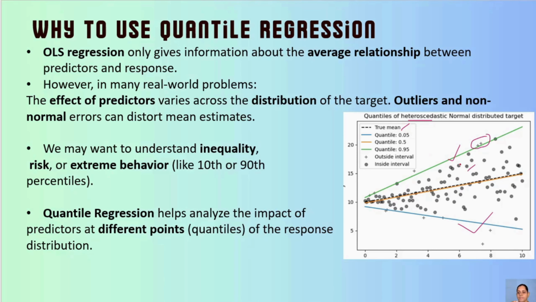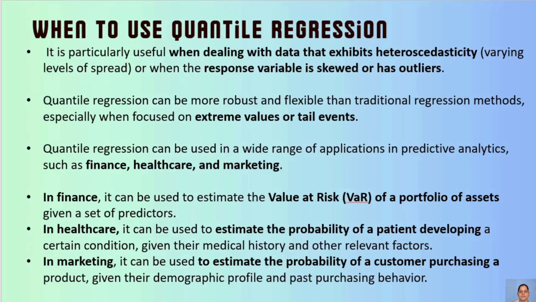You can see there are so many plus symbols present outside of these boundaries. So we are able to understand that we can treat them with this. These are the main benefits of going ahead with quantile regression.